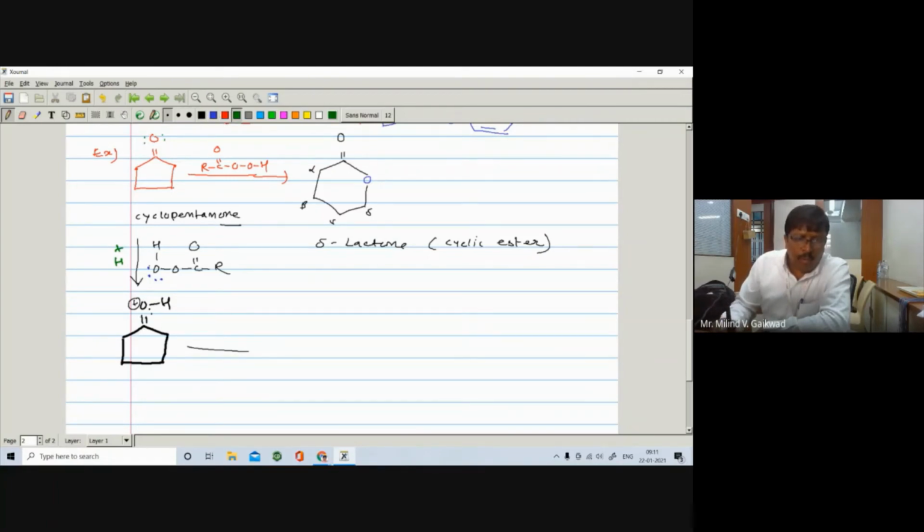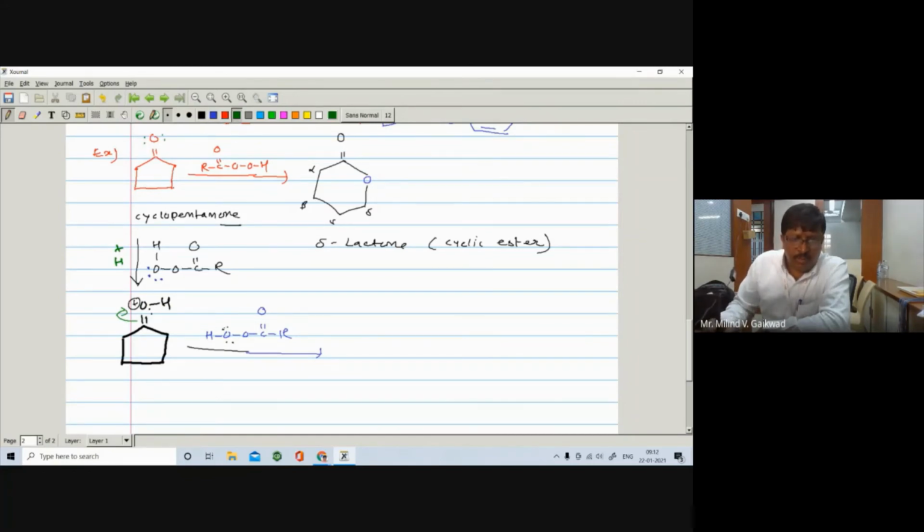So the pi bond opens on the oxygen, the positive charge is neutralized, and the carbon becomes positive. I can write it like this: here is H, here is H, here is O, here is O, here is C double bond O, R in general, and this sigma bond having the lone pair forms a bond on this carbon.